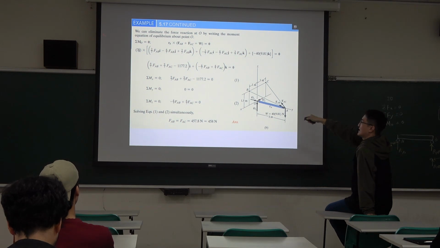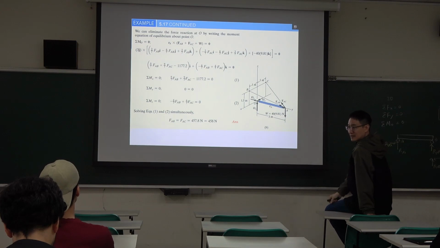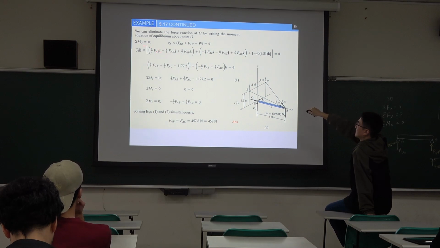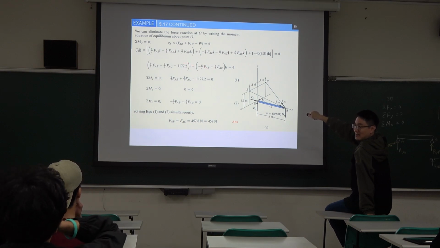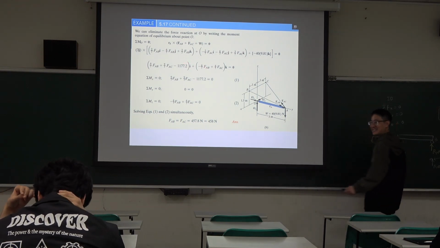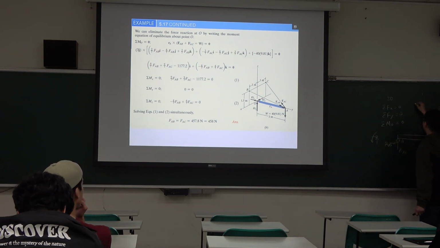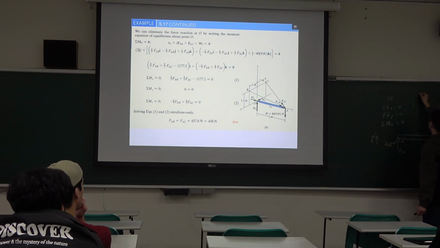IJK. J cross I gives negative K because of IJK. So this part is negative K. Do you still remember how to work out cross product? One says yes, one says no. Remember I, J, K: counterclockwise is positive.